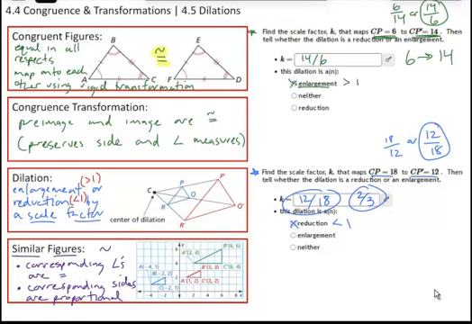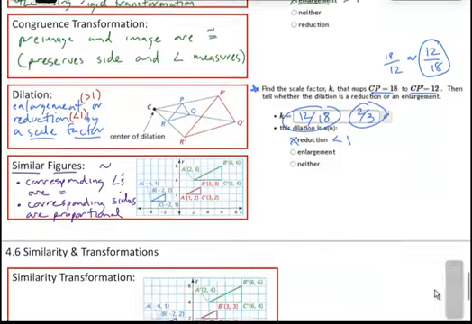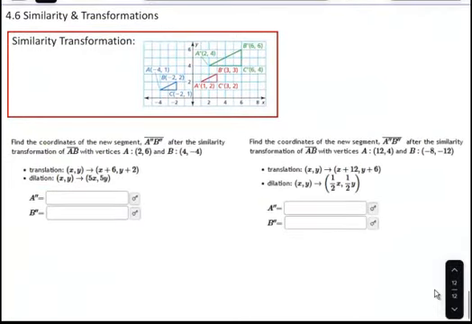All right, the final slide for Chapter 4 is going to talk about some similarity transformations, and that's where you're going to have some kind of a shifting followed by a scaling of it, or a dilation of it. Just by definition here, we're looking at a transformation where the pre-image and image are similar.